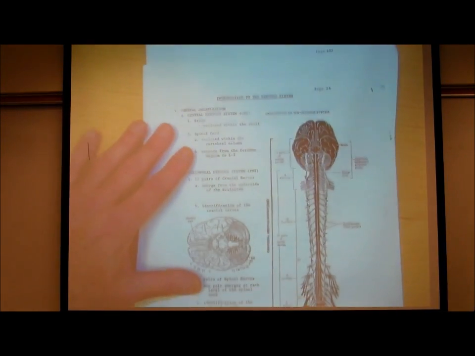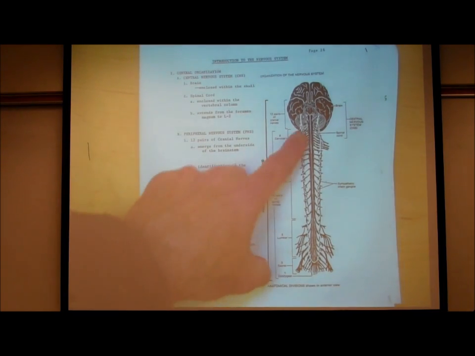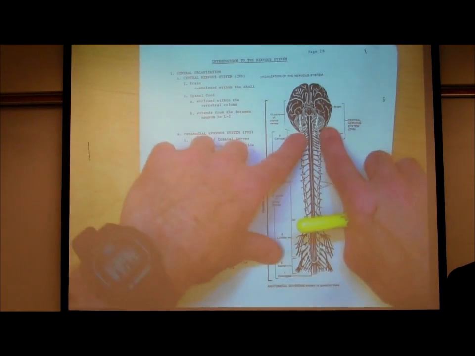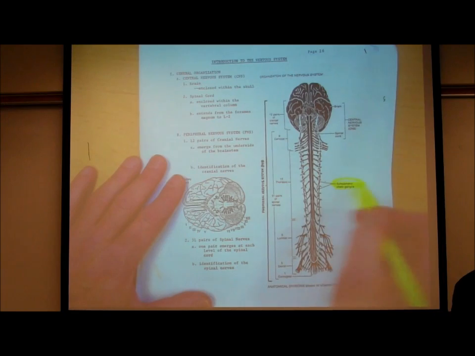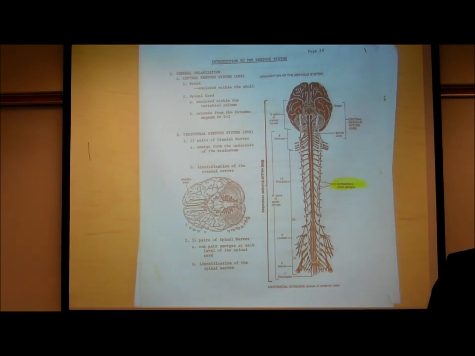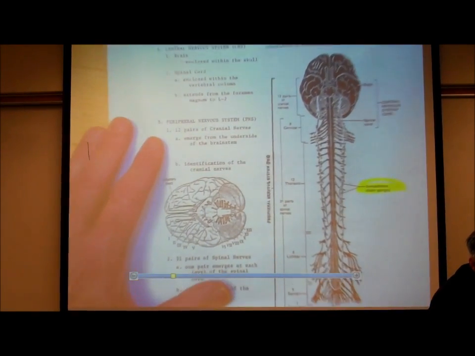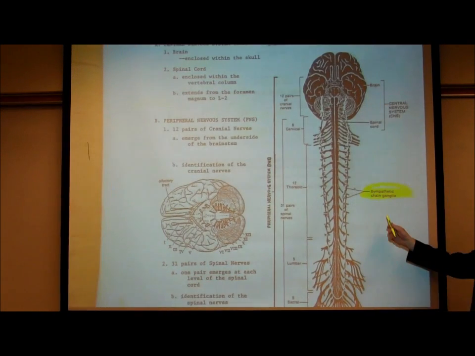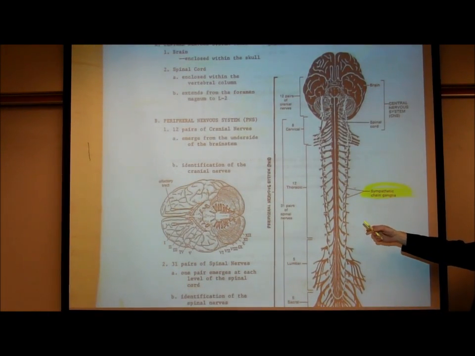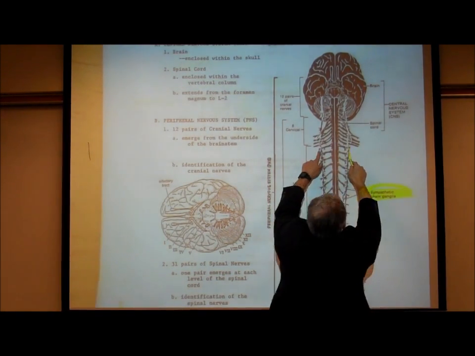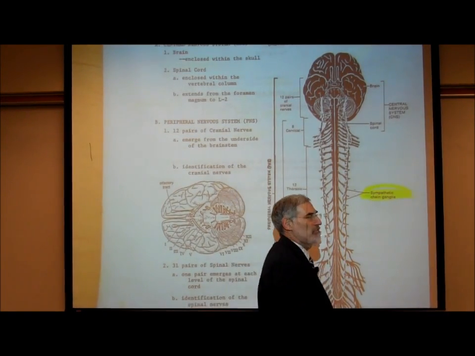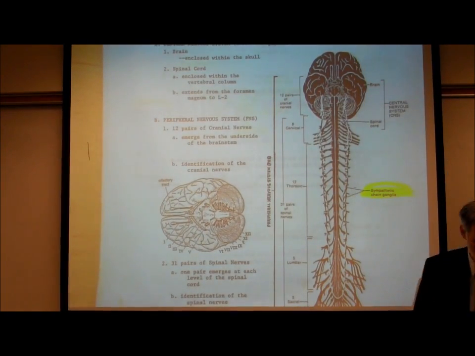And I want you to notice that shown right here on the sides, on both sides of the spinal cord, what does it say? Right there. Sympathetic chain ganglia. So whatever this is, it appears right there on the very first page when we first introduced it to you.